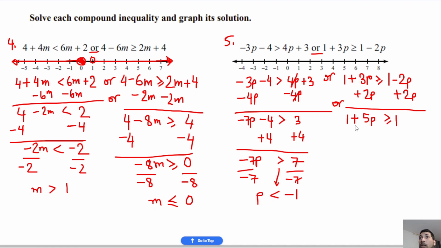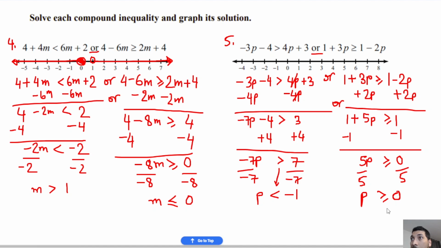And we take this 1 to the right side, we subtract 1 on both sides. We get 5p greater than or equal to 0, since 1 minus 1 is 0. And to get p by itself, we divide both sides by 5. We get p greater than or equal to 0.